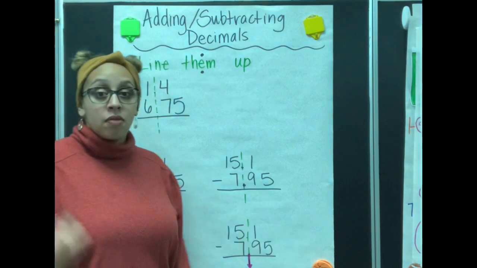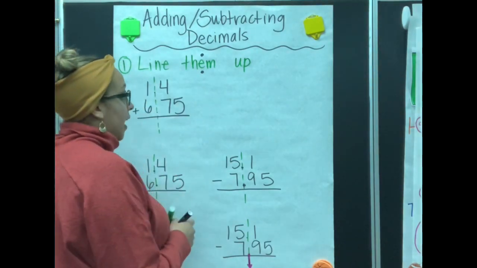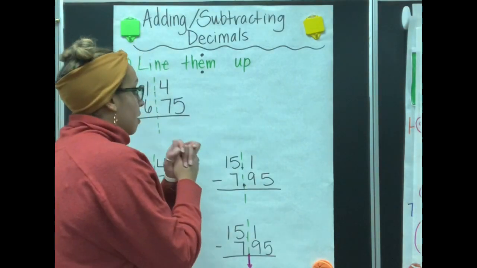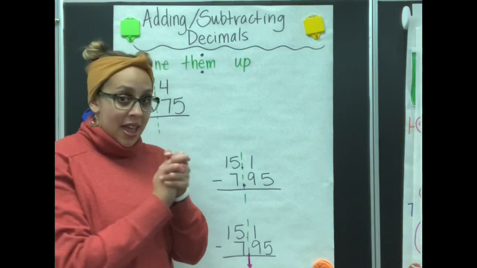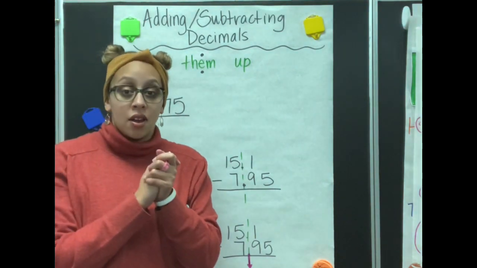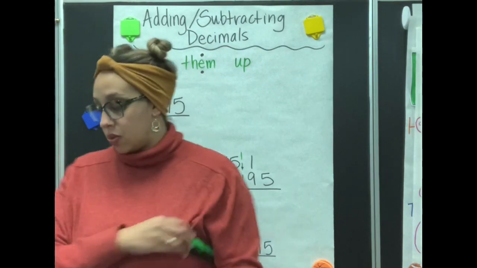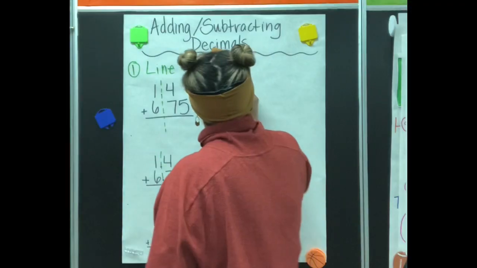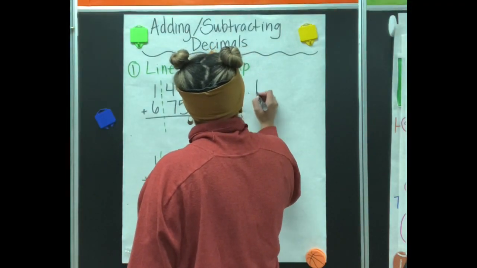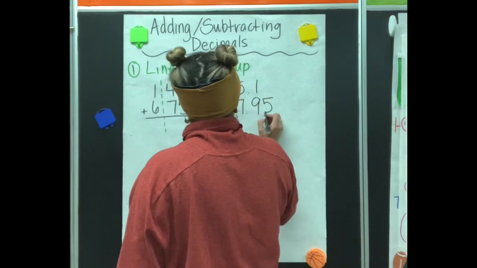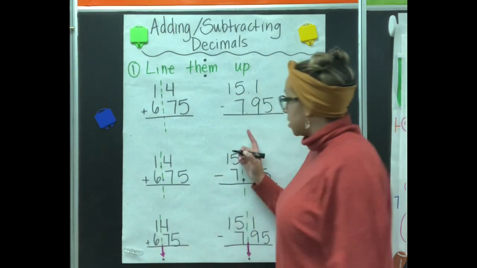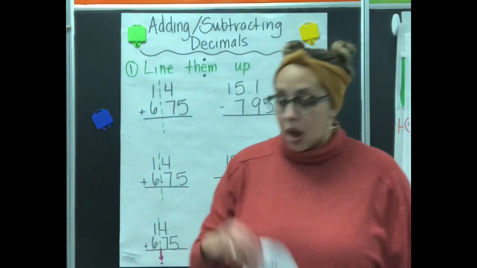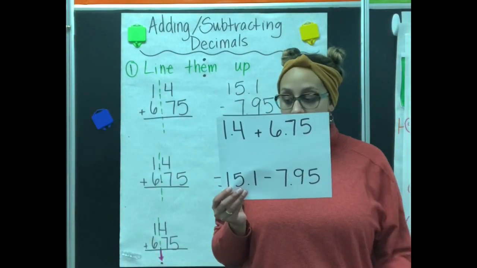And then we have our subtraction problem, which we had 15 and 1/10 minus 7 and 95 hundredths. So we are going to write this and we're going to line them up. On this problem, it does matter, because in our problem where it's going horizontally, this one comes first.